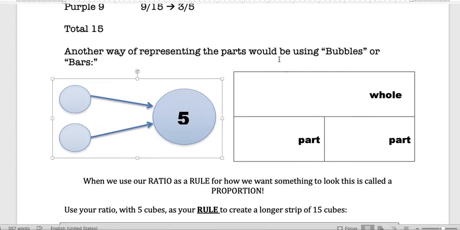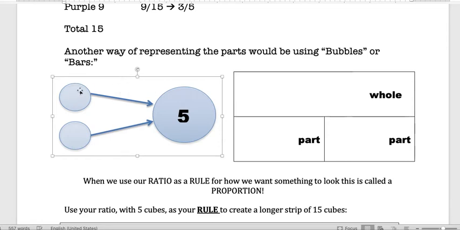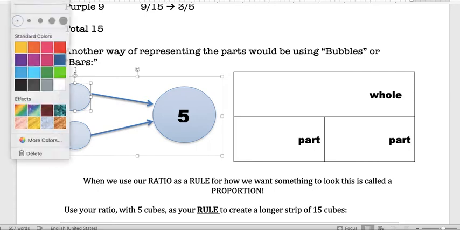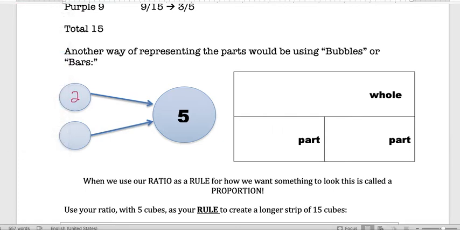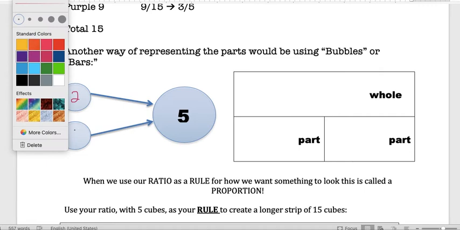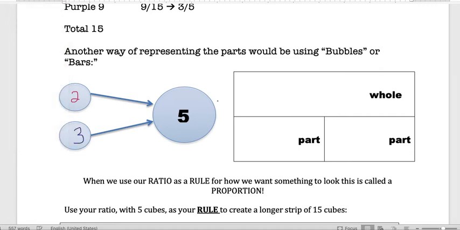Another way of representing it would be to use parts of a whole, so bar models. So here, if we were to put in a number using our pinks and our purples, I'll use pink because pink was 2 and purple was 3. So we have our whole is 5.